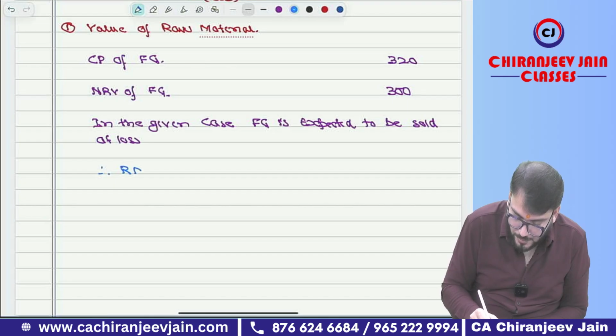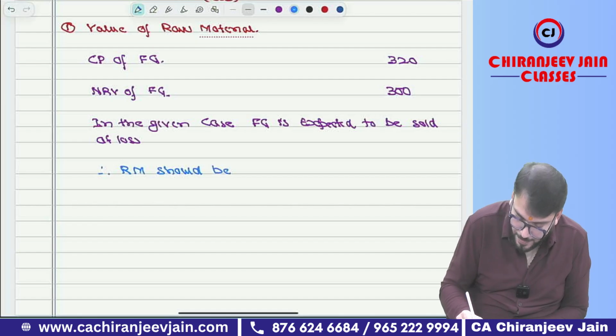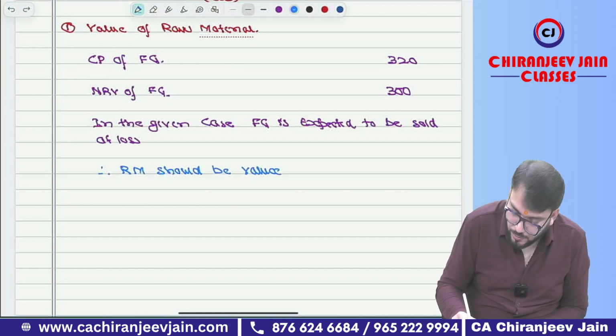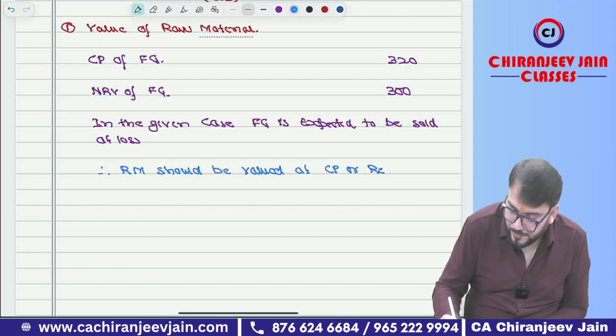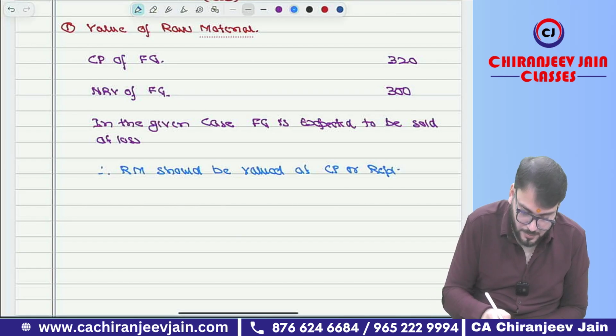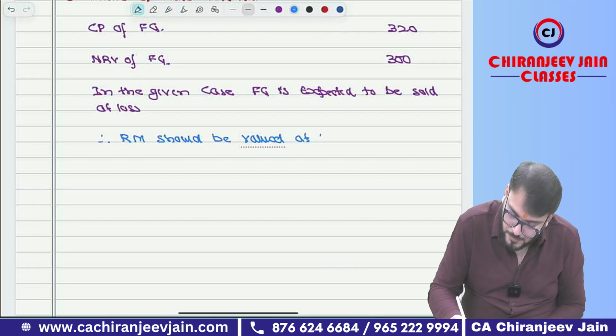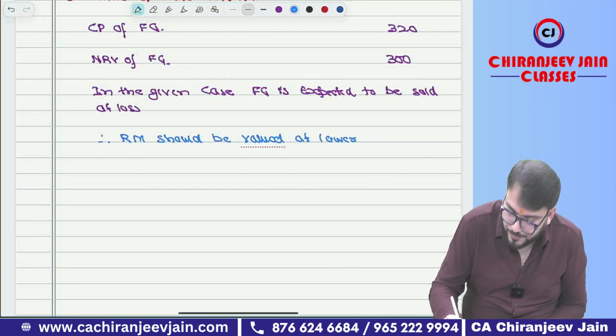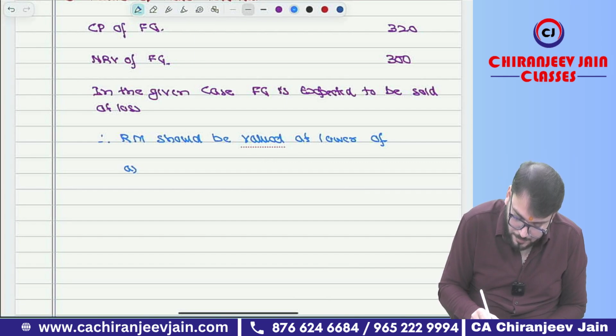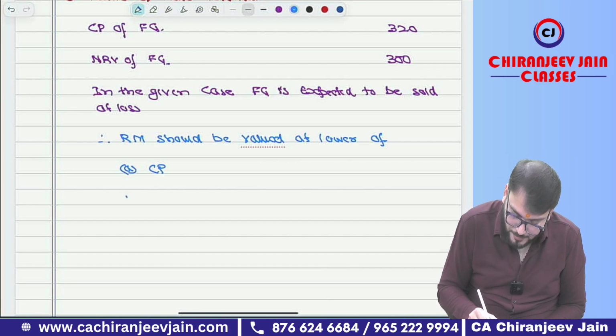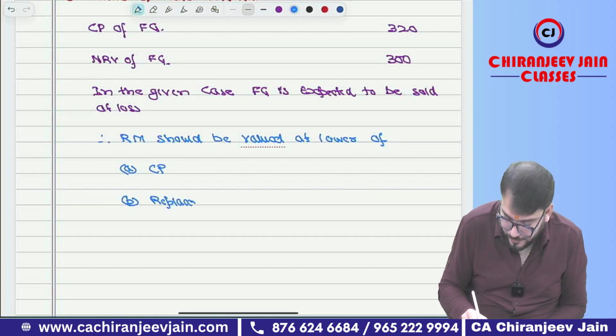Therefore, raw materials should be valued at the lower of point A, cost price, and point B, replacement cost.